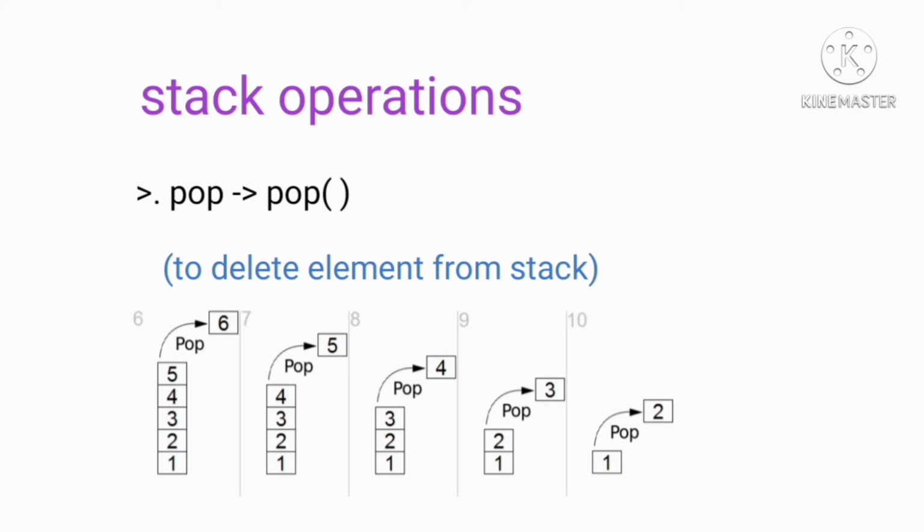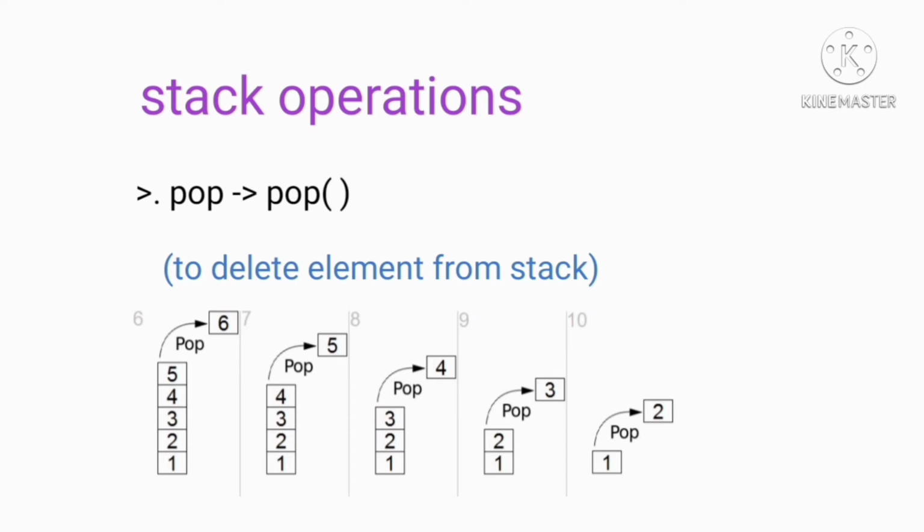Here the sixth element we are deleting, not adding. Here pop means deleting. Next the fifth is deleted. Next the fourth also we are deleting. Next the third element also deleting. Then the element 2 is deleted. Remaining what? 1. We have to delete 1 also. Then our stack is empty.